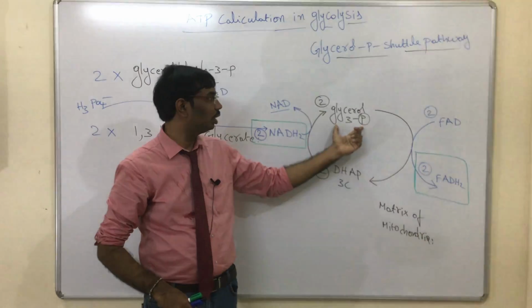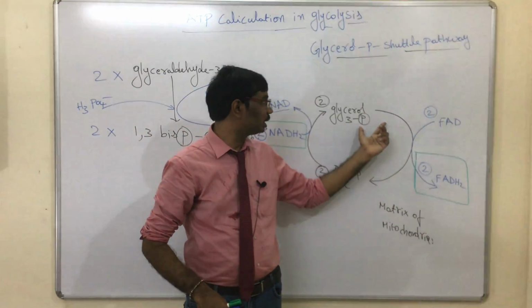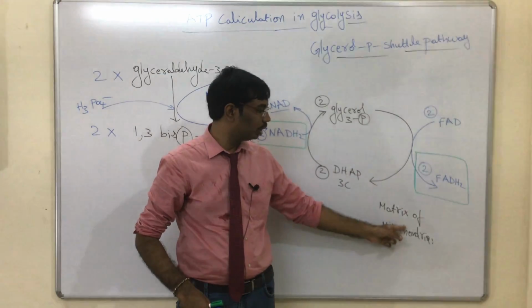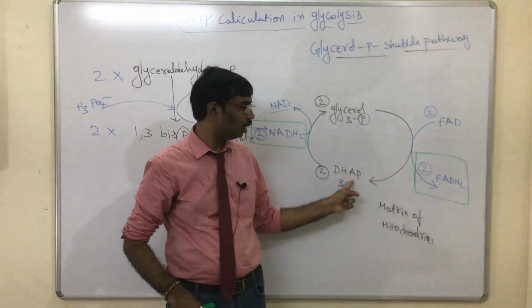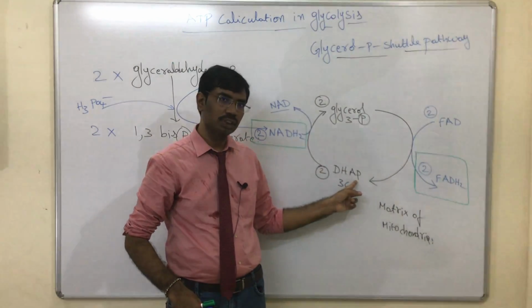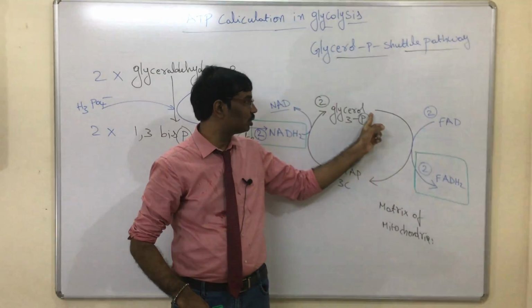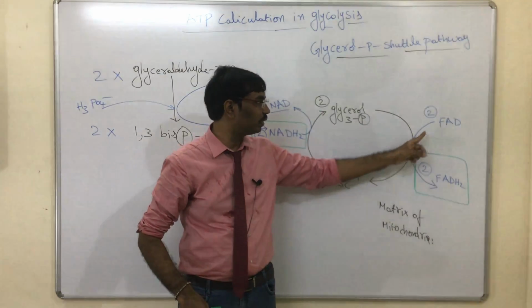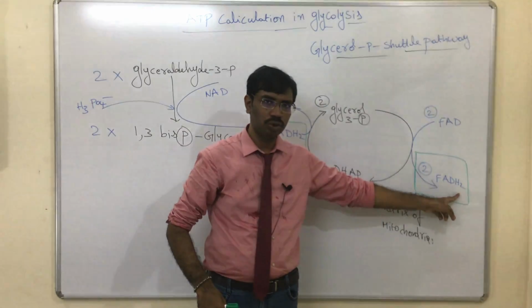So this glycerol 3-phosphate enters into the matrix of the mitochondria. So again this glycerol 3-phosphate loses its hydrogens in the mitochondrial matrix, and is again converted into dihydroxyacetone phosphate. The hydrogens lost by the glycerol 3-phosphate are transferred to the FAD. So FAD is converted into FADH2.